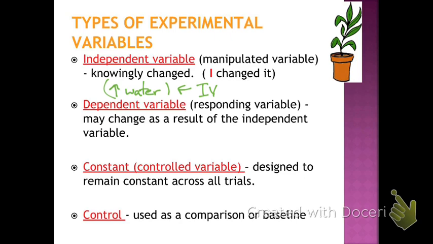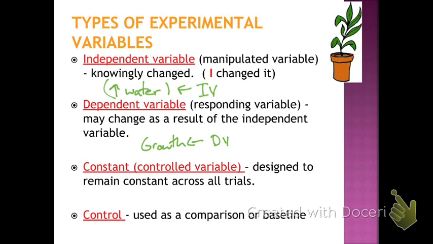The dependent variable is the one that responds to the independent variable, right? So the dependent variable is a result of the independent variable. So if I add water, what do we think could happen? Well, we can check the growth. So the growth of the plant will be the dependent variable.